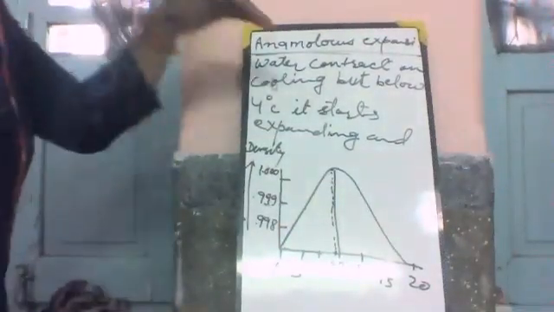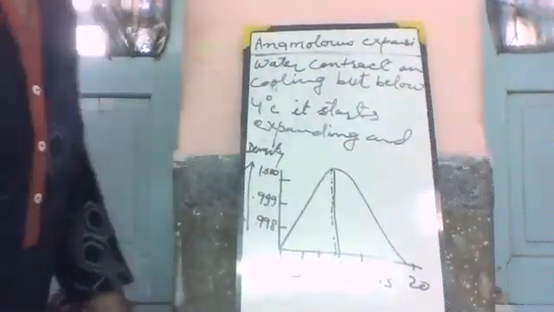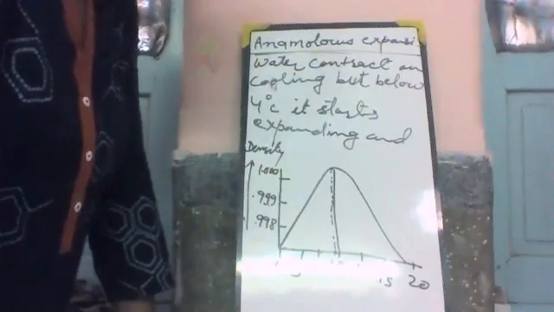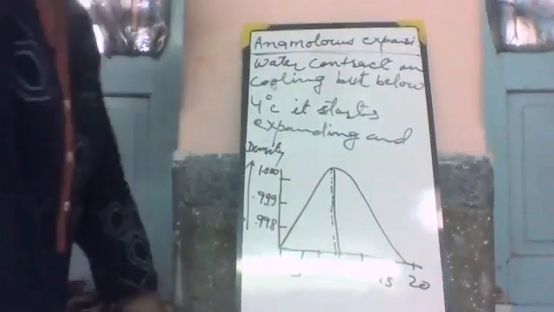After that, it again contracts. The property of anomalous expansion of water enables marine life.